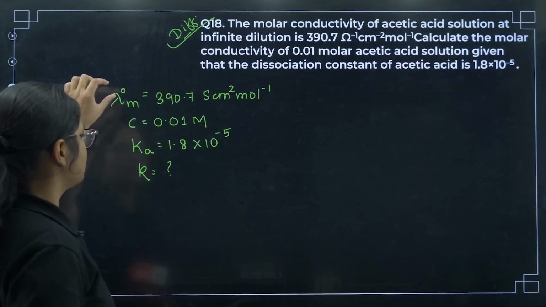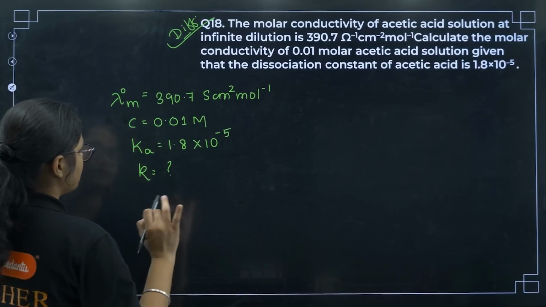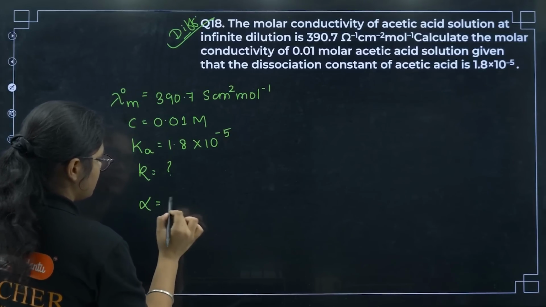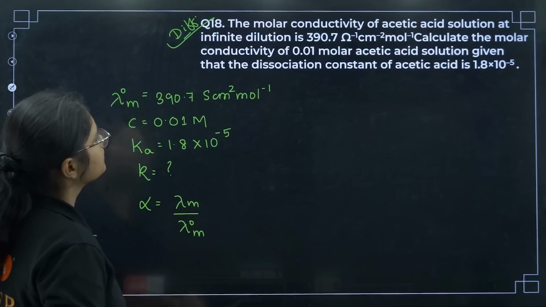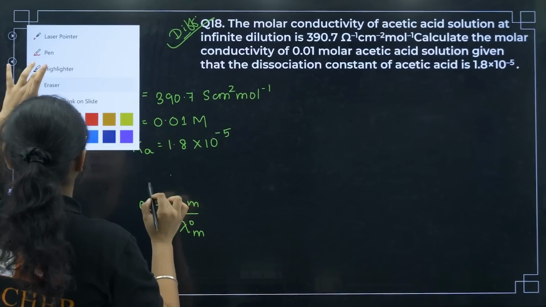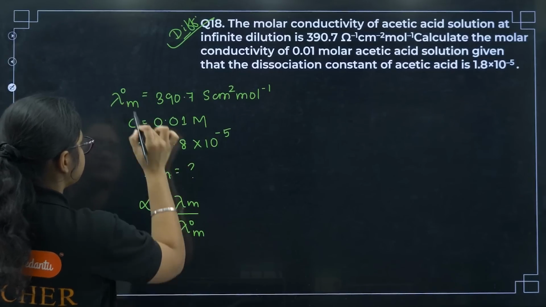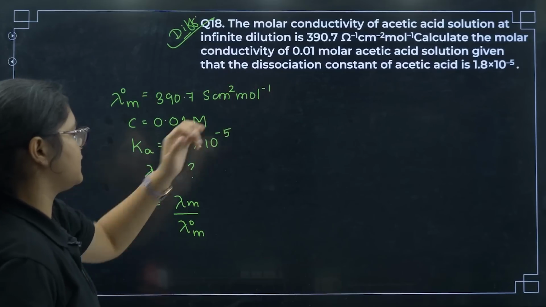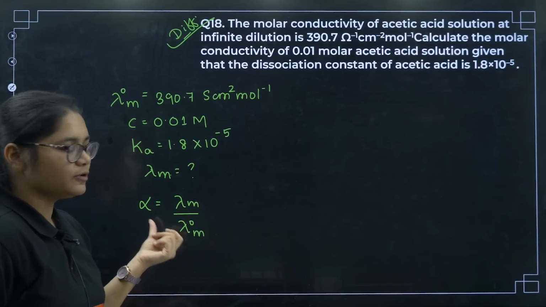Now let me first write down the formulas I know. One formula is alpha is equal to lambda m by lambda naught m. Here lambda naught m is the molar conductivity at infinite dilution, and I have to find the molar conductivity lambda m.